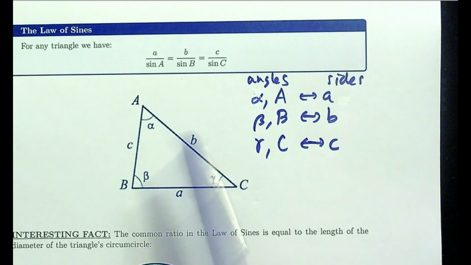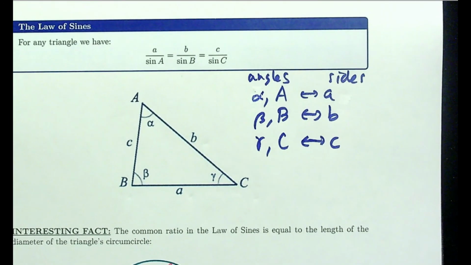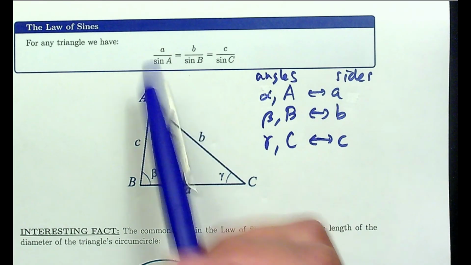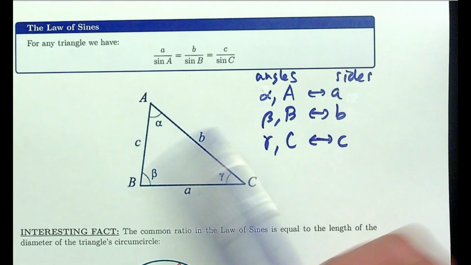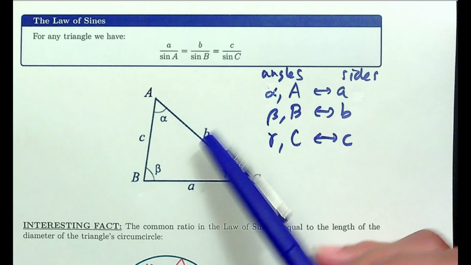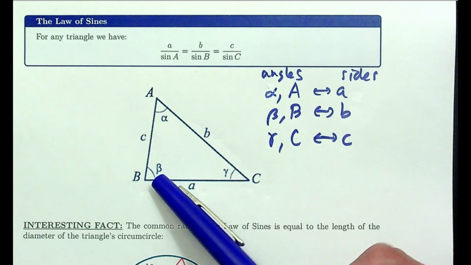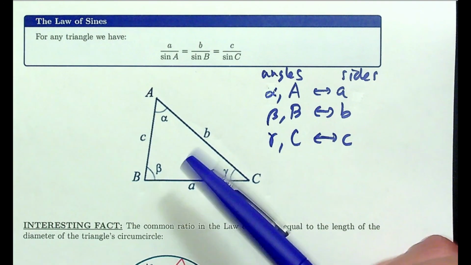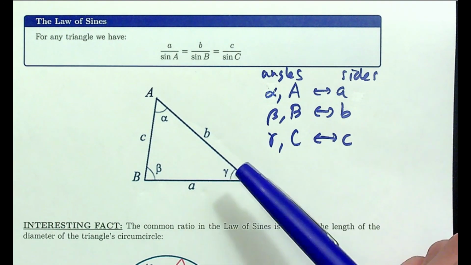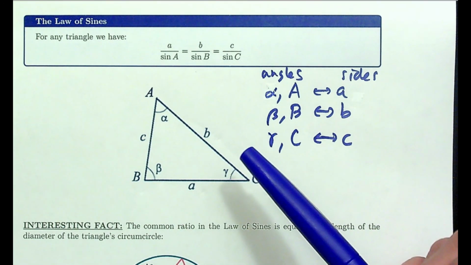Alright, once you understand how a triangle is labeled, now we can talk about the law of sines. The law of sines says that if you consider those pairings, if you divide any side by the sine of the opposite angle, that proportion is the same throughout the entire triangle.